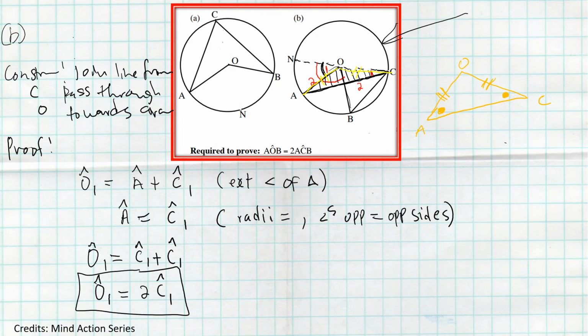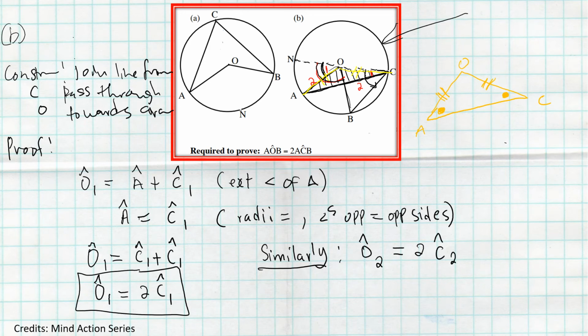We can similarly prove that angle O2, remember this is the whole C2 and this is the whole O2, is the same as 2 times angle C2.